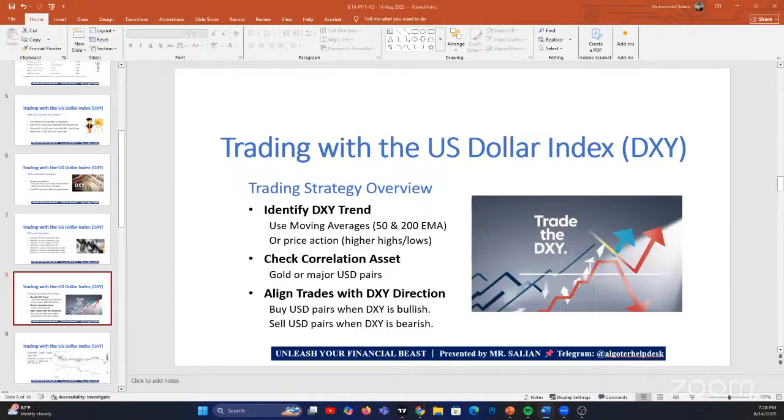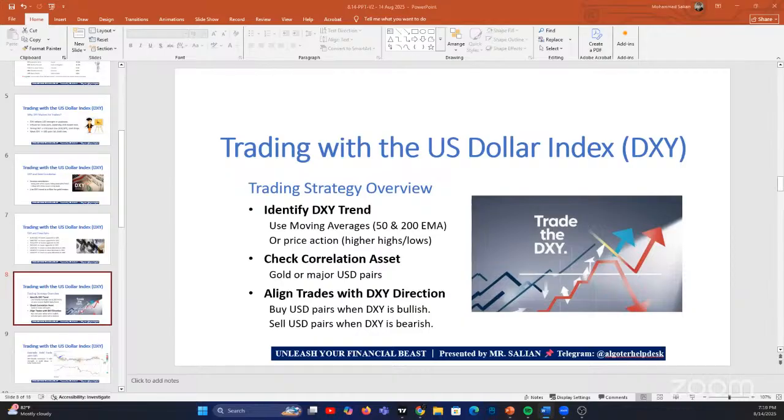So when USD strengthens, assets priced in the dollar, like gold, XAU USD, Euro USD, GBP USD, often fall because they become more expensive for non USD holders. So that's why in a bullish DXY environment, you'd buy USD pairs, okay?